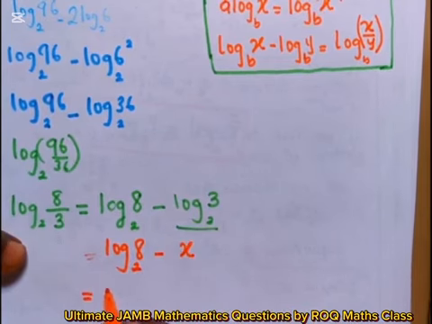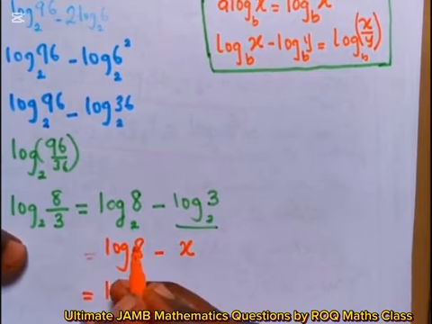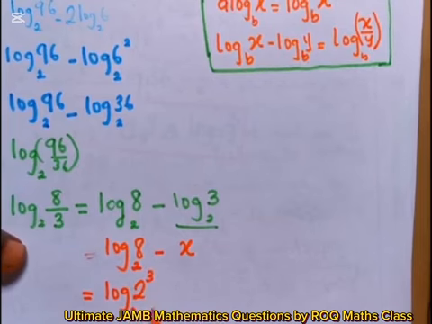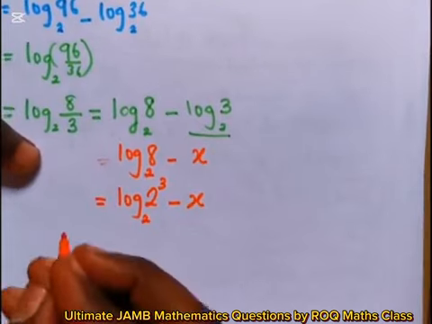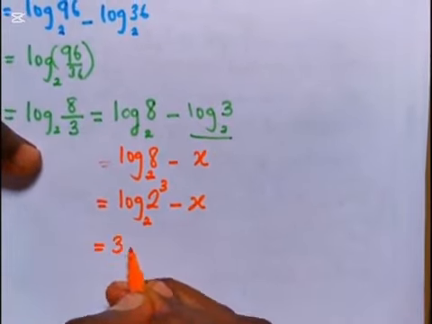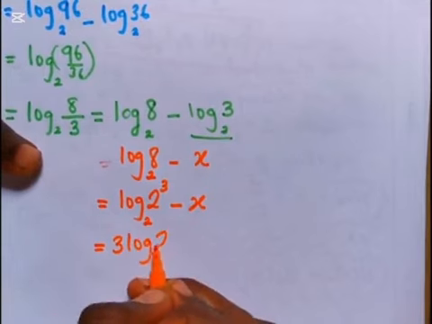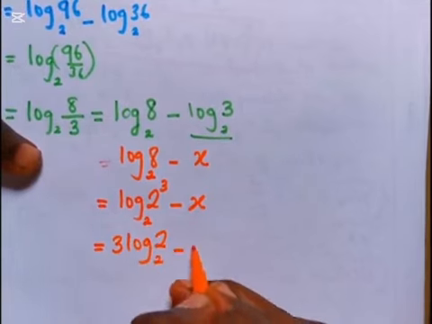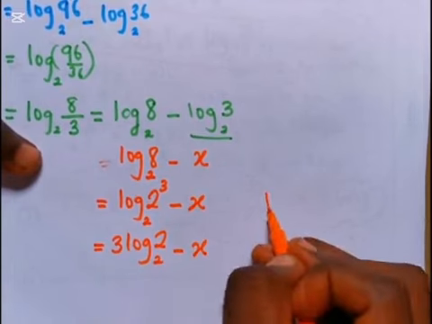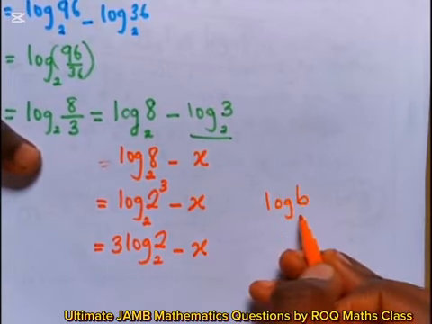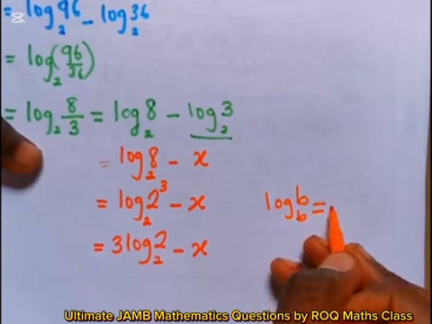So this is the same thing as, my 8 can be written as 2 to the power of 3, so the log of 2 to the power of 3 base 2 minus x, which is the same thing as 3 log of 2 base 2 minus x. And whenever you have the log of b base b, it is equal to 1.